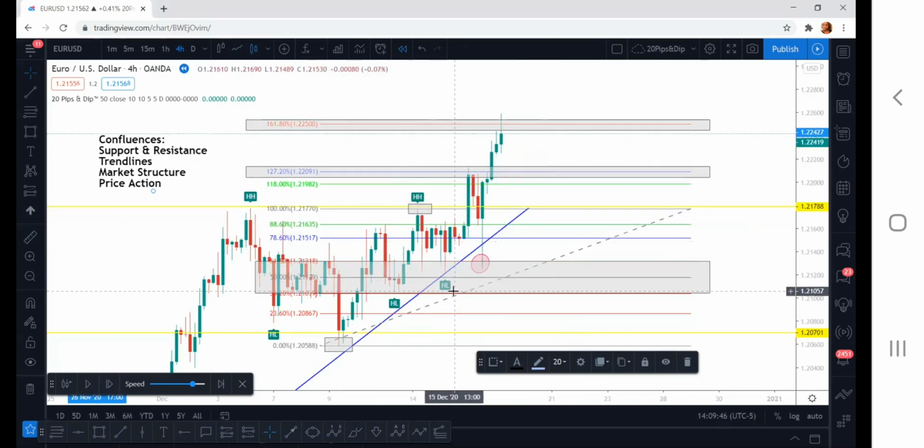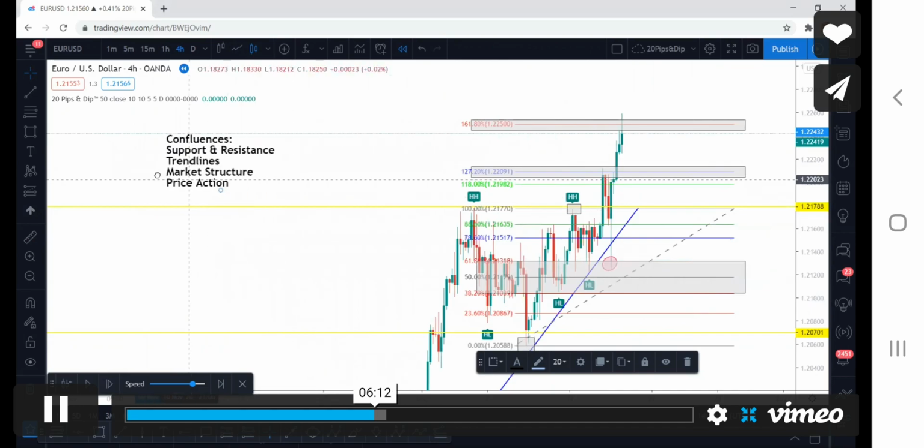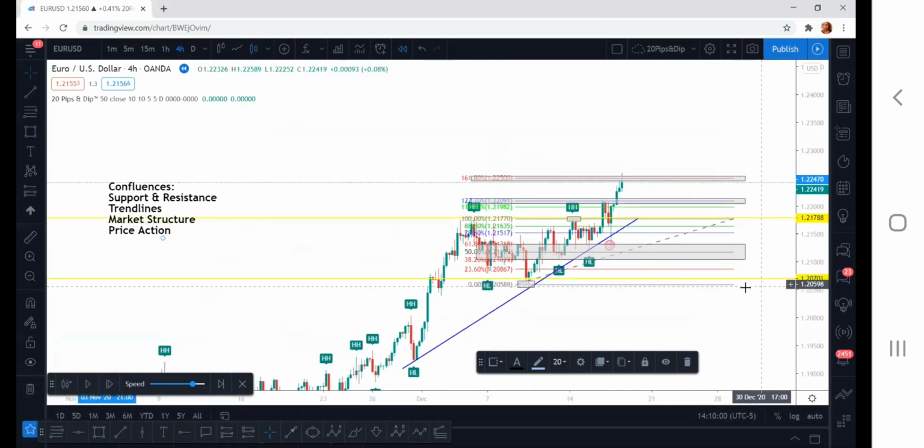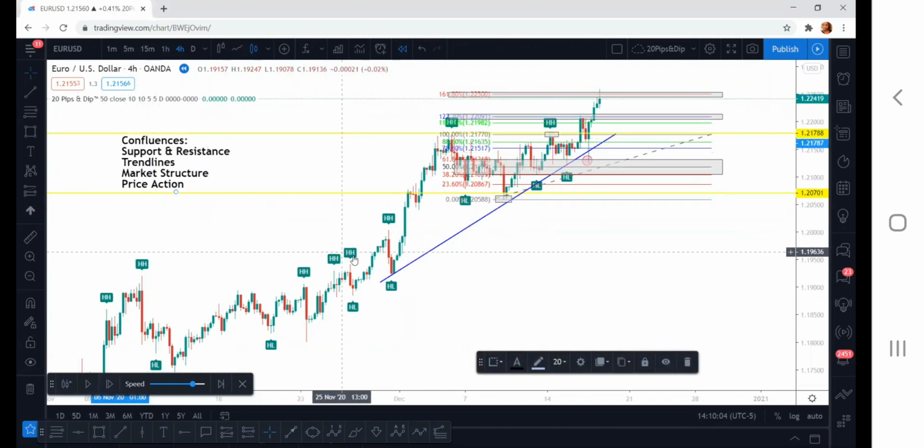It pulled back, or retraced back to the 61 and carried on into its trend.